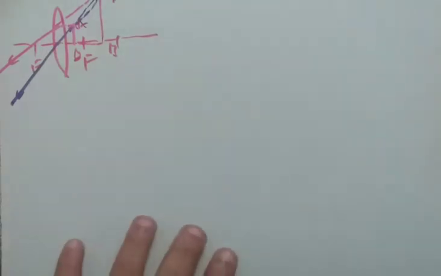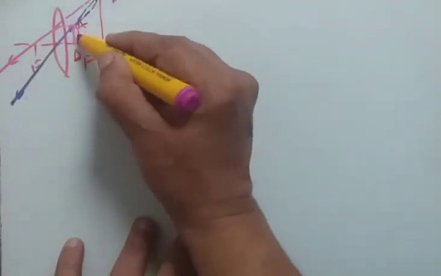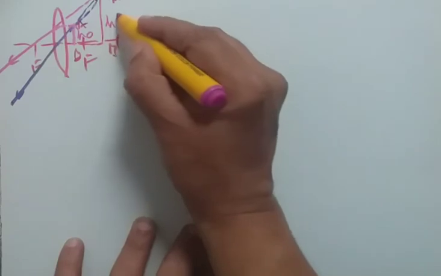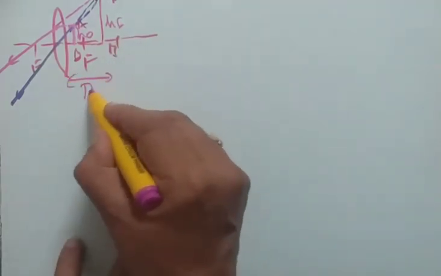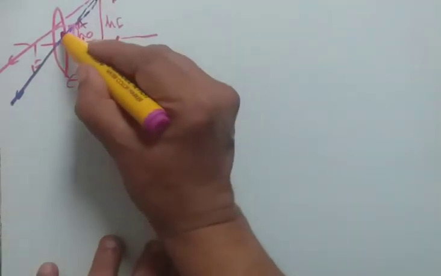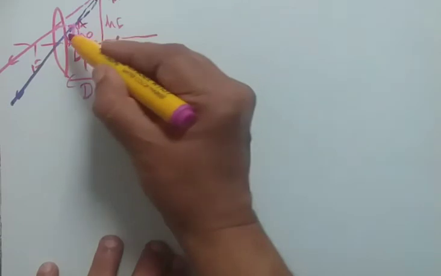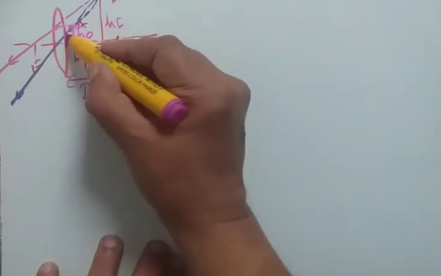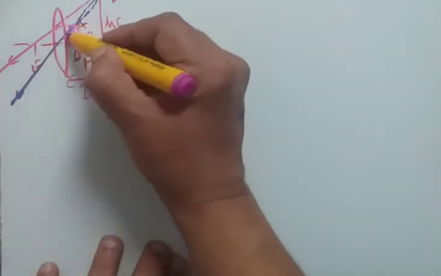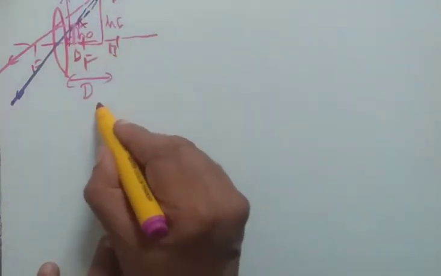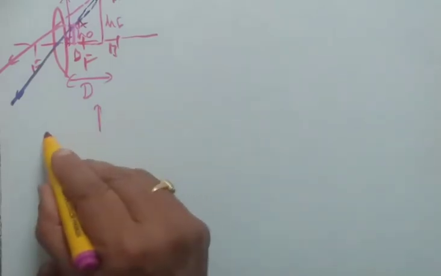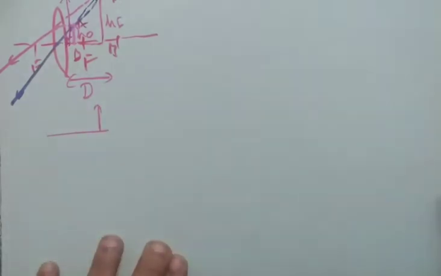For that, observe, I call the height of the object HO, the height of the image HI, and we imagine the final image is formed at the least distance of distinct vision, capital D, and it forms an angle theta dash there. At this point, theta dash is formed. I write that here, theta dash. And also we draw the object alone without any optical instrument.